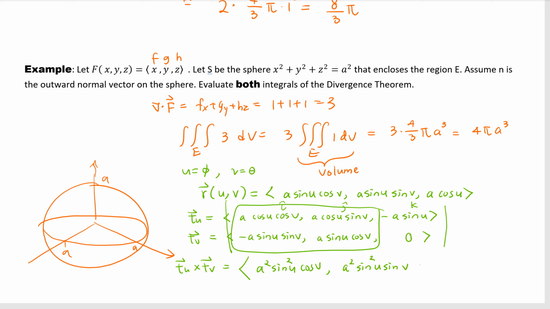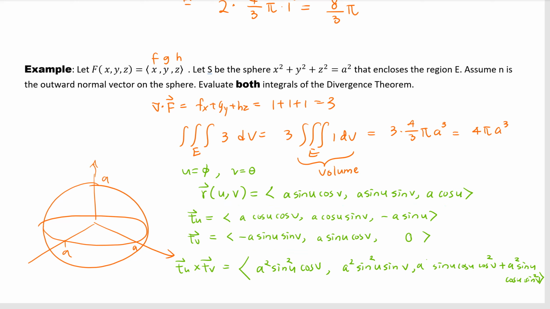Well, that's a squared sine u cosine v squared minus negative becomes plus a squared sine u cosine u sine v squared, right? This is how I do it. Then you can erase back the ijk. Saves us some work too.